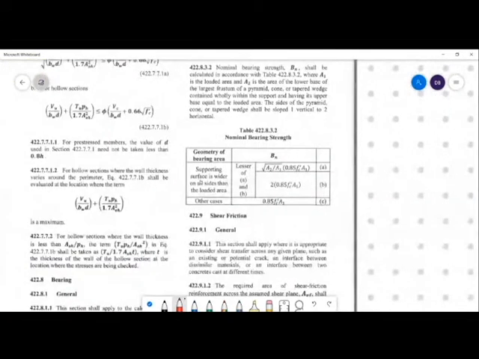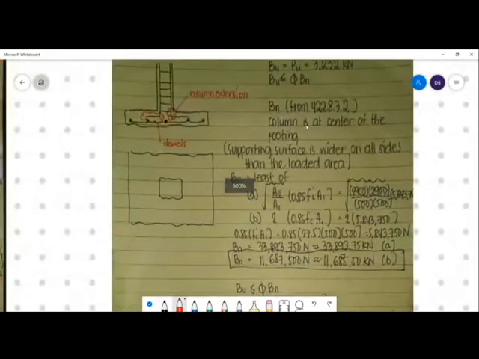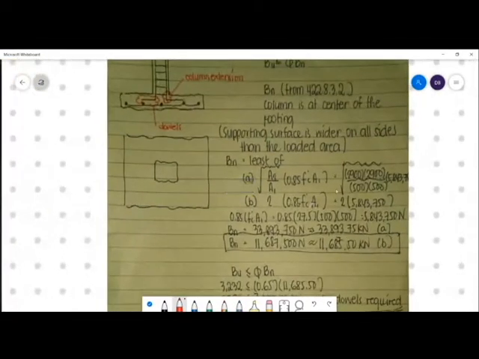Looking at the table, the supporting surface is wider on all sides than the loaded area. So B sub n is the lesser of A or B: square root of A2 over A1 times 0.85 f prime c A1, or twice 0.85 f prime c A1. The column is at the center of the footing, so the supporting surface is wider on all sides than the loaded area.